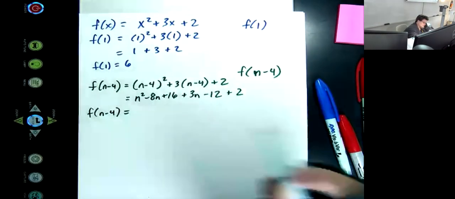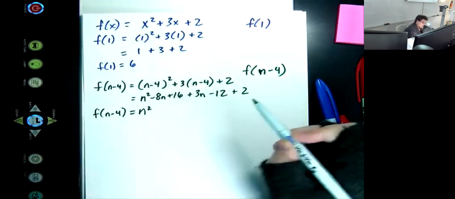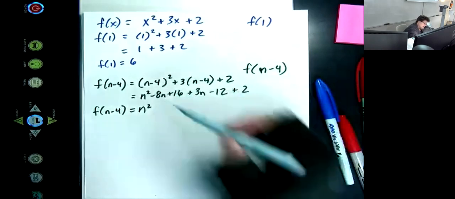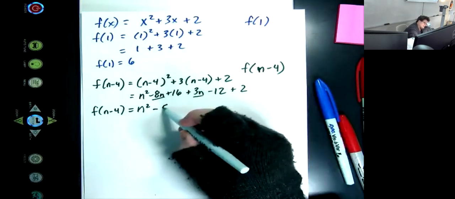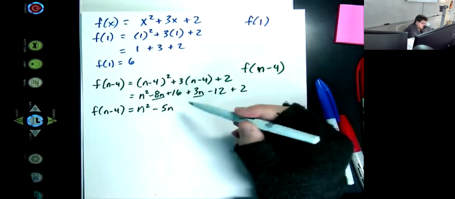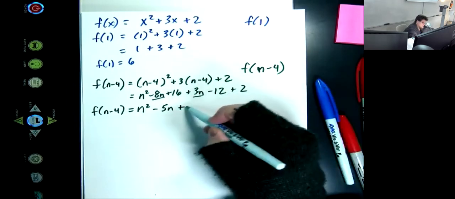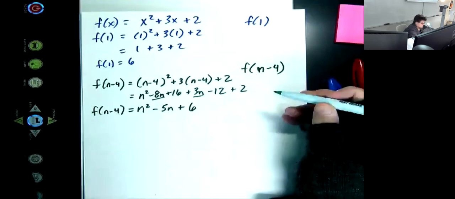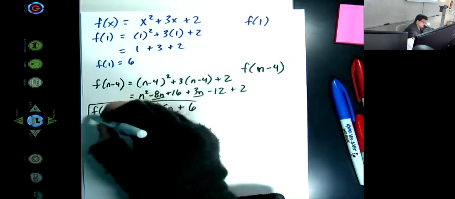And if I gather like terms, I've got just the single n squared. I've got negative 8n and 3n is negative 5n. And I have 16 minus 12 is 4 plus 2 is 6. So that would be f of n minus 4.